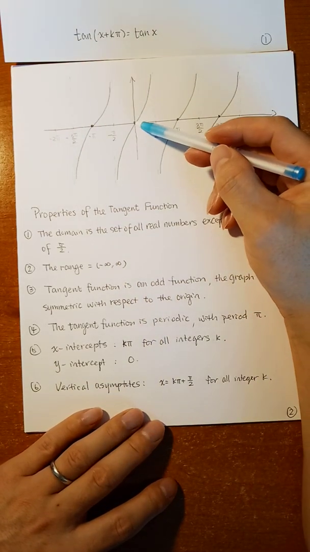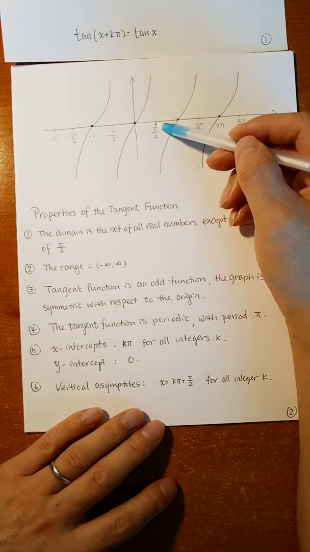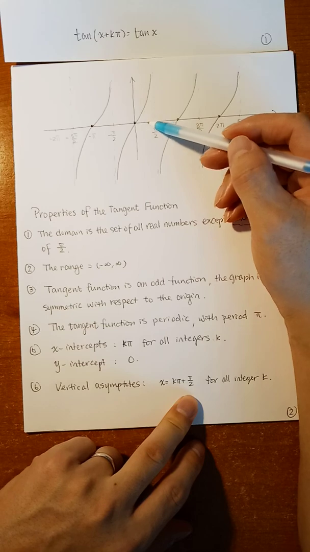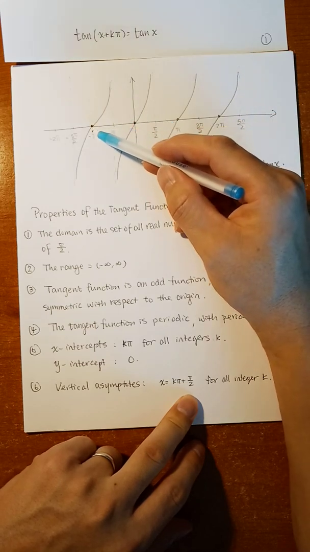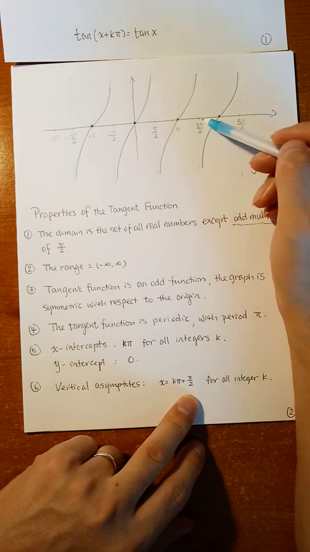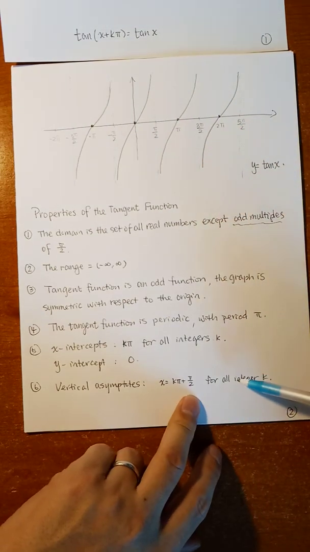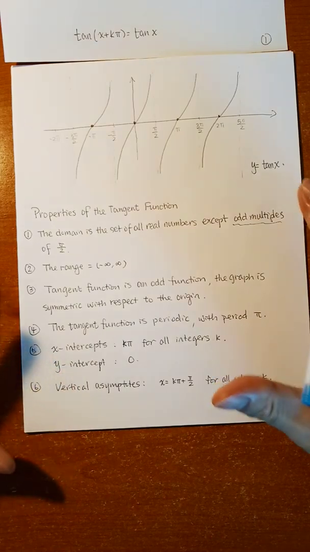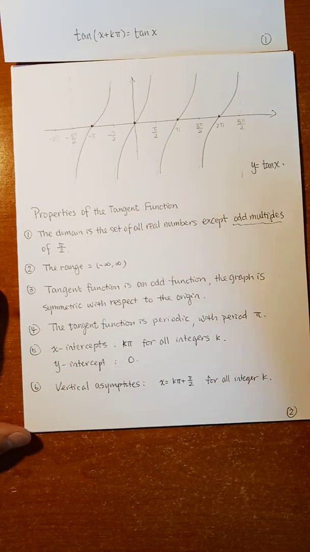Every time you have an integer multiple of pi, you add pi over 2, you will get an asymptote. You see, this one is negative pi plus pi over 2. This one is 0 plus pi over 2. This is pi plus pi over 2. So it's always k pi plus pi over 2. Okay, so this is the list of the basic properties of the tangent function.